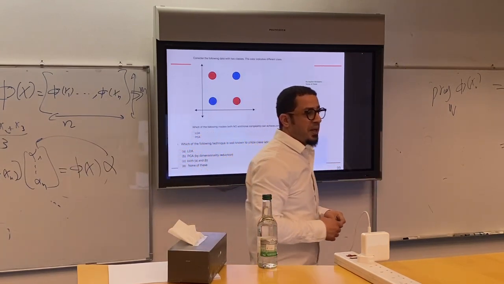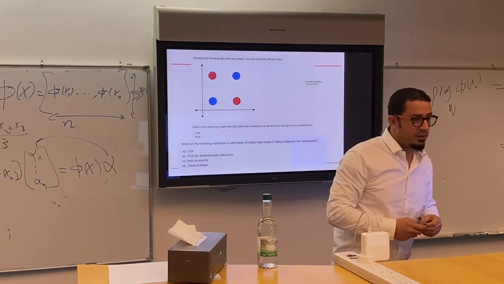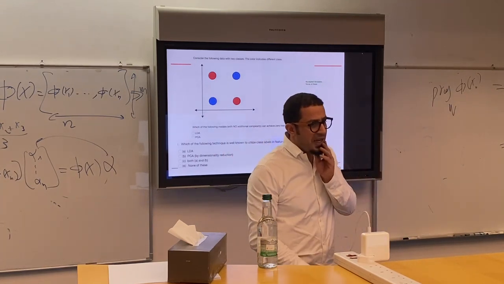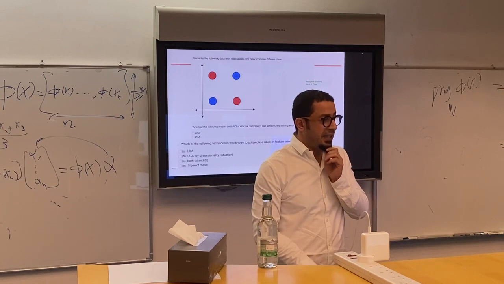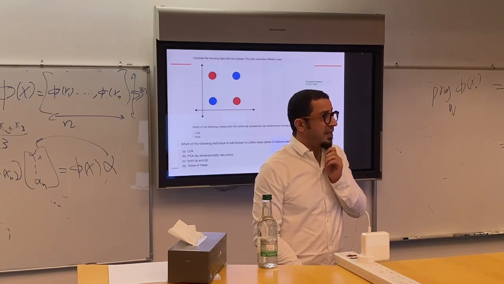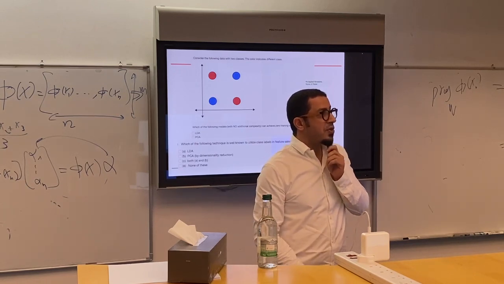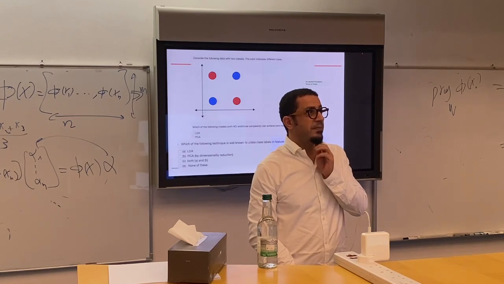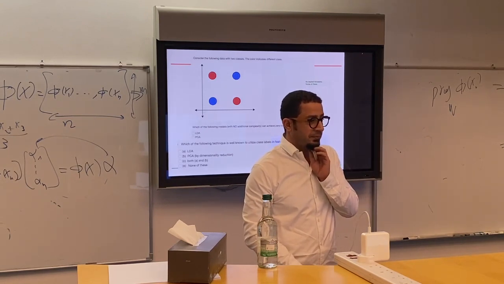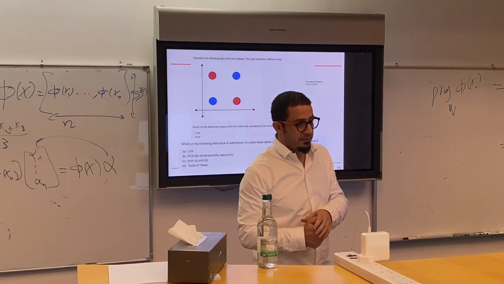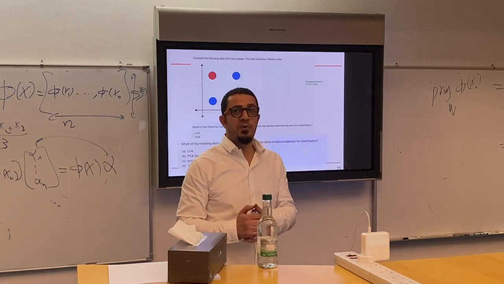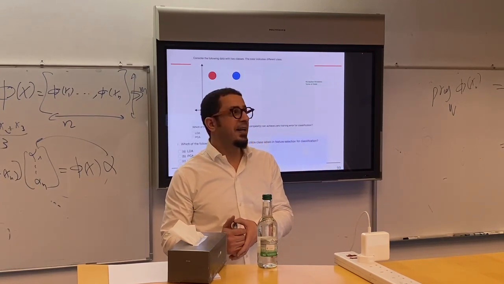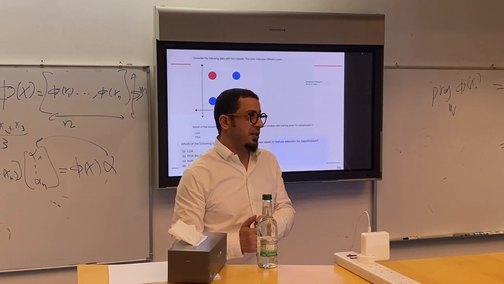Which of the following techniques utilizes the class label in feature selection for classification? LDA, PCA, or both, or none of them? Which one? It's not, right?